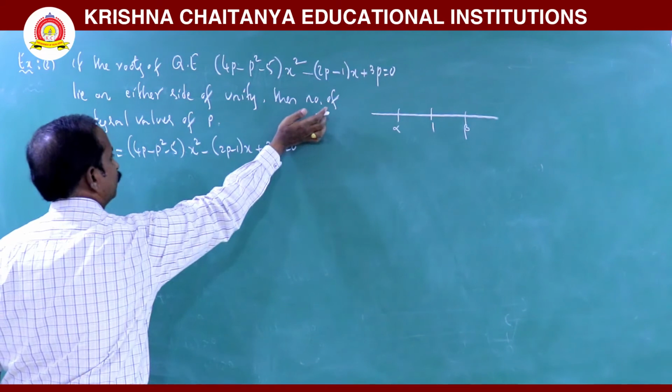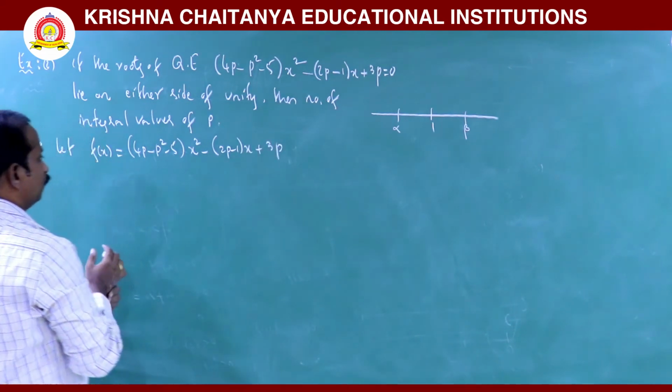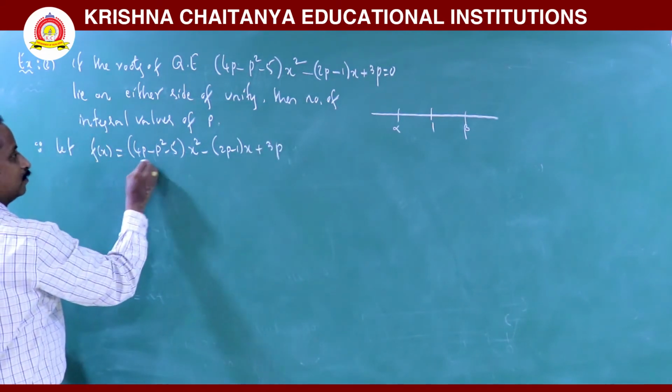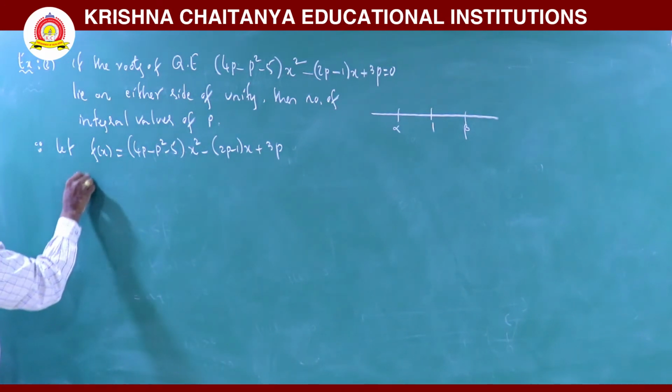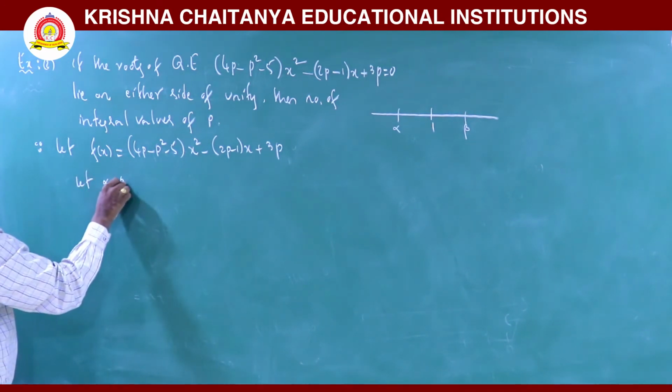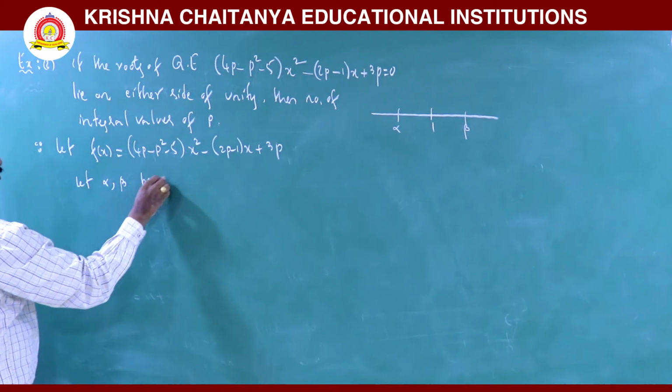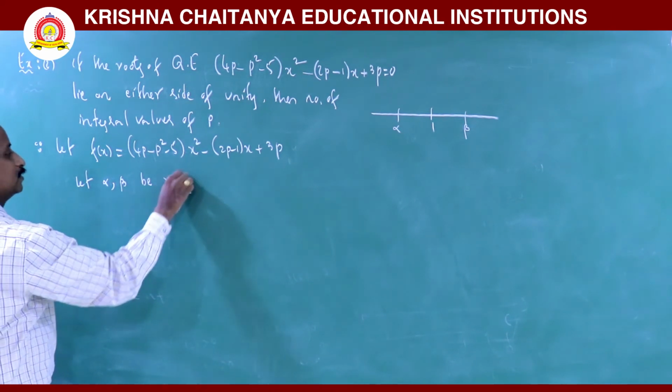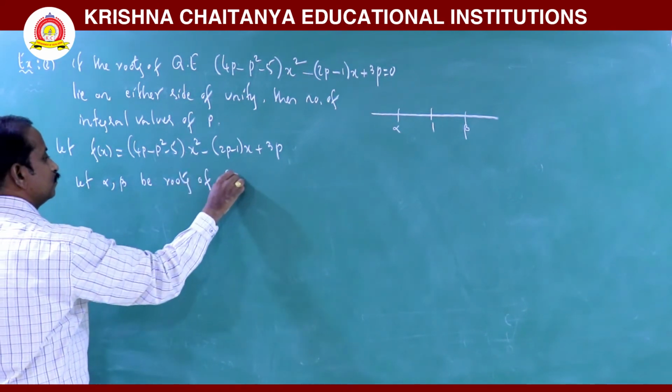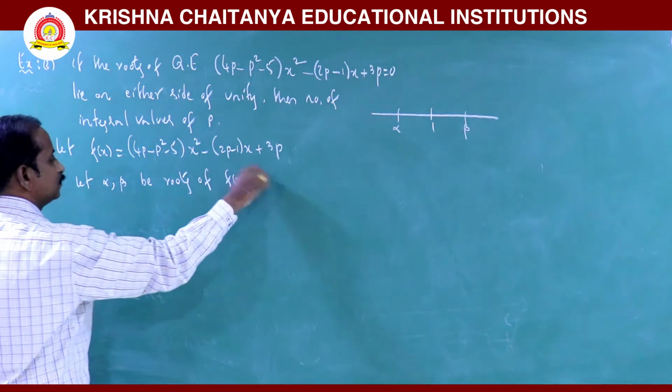We do not know the roots, so let alpha, beta be the roots of f of x equal to 0.